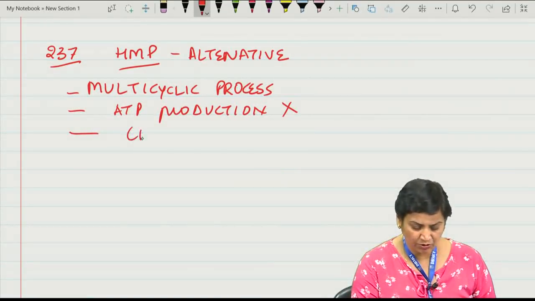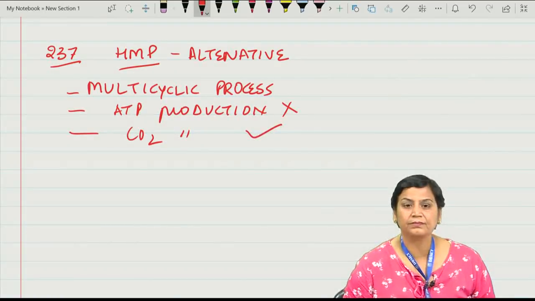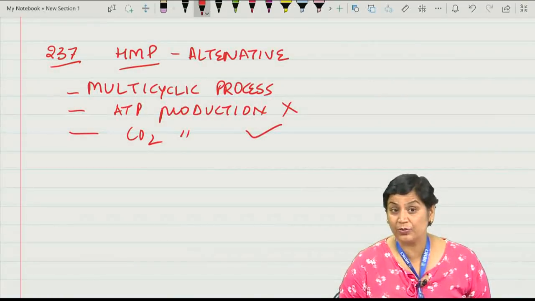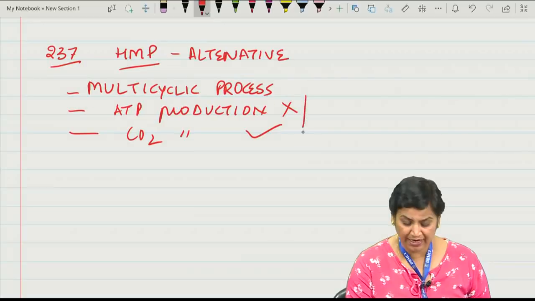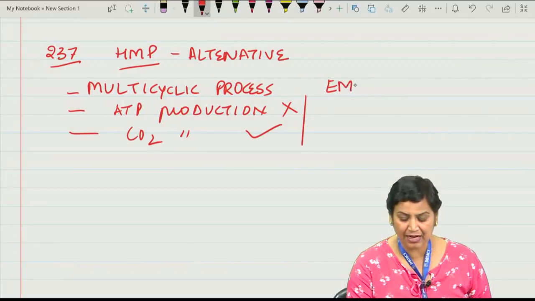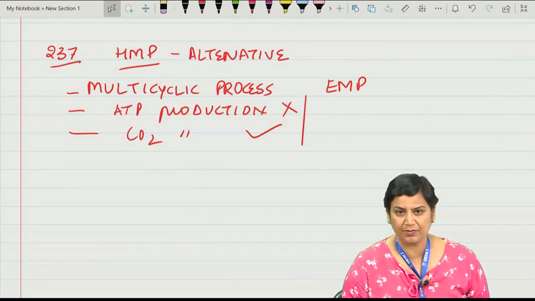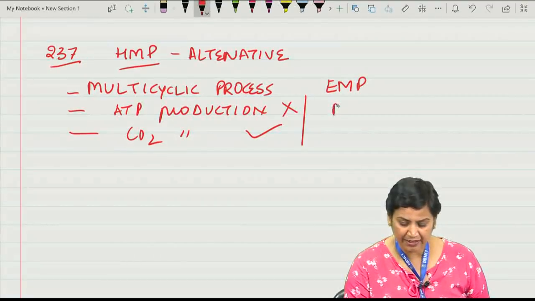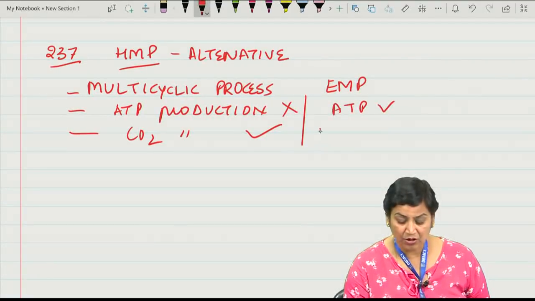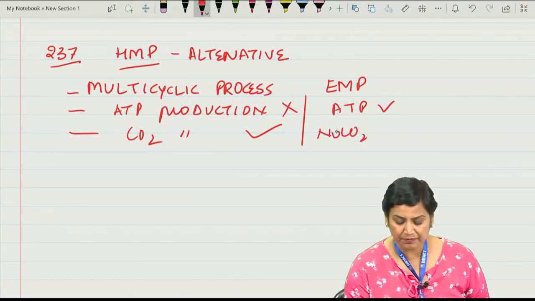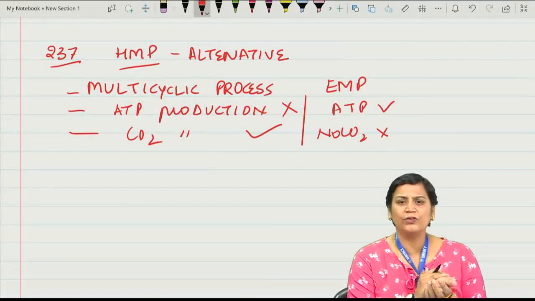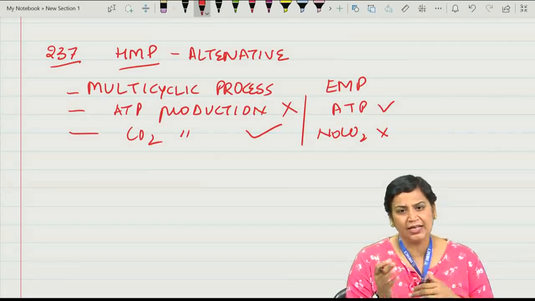In this, CO2 is produced. And this is the major difference between HMP and EMP also. If we take EMP, which is nothing but glycolysis, the Embden-Meyerhof-Parnas pathway, there ATP is produced, but no CO2 is produced. So these are the 2 points of difference between HMP shunt and EMP.